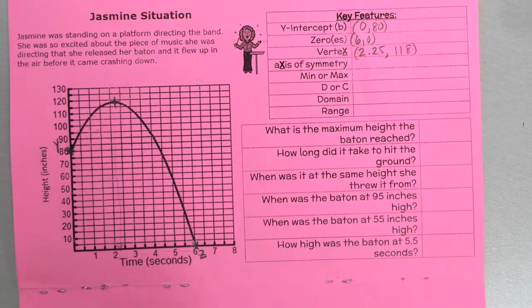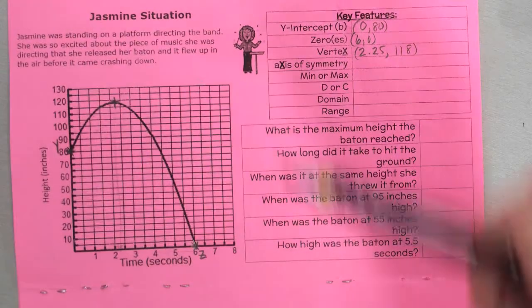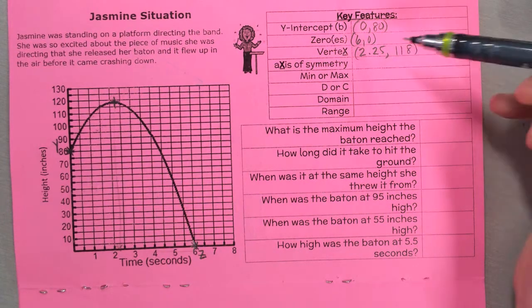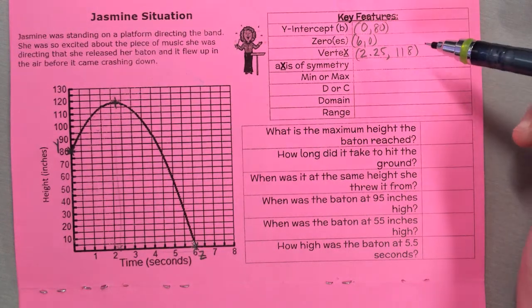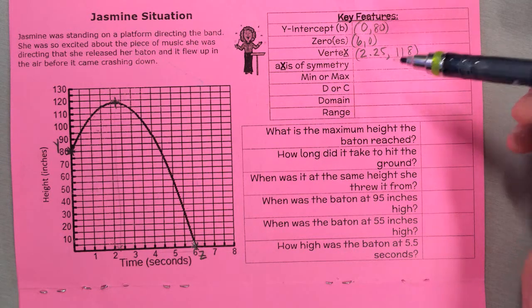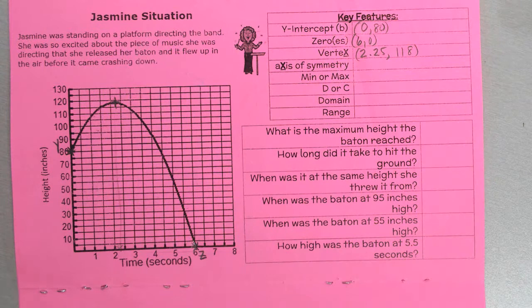So that's about the coordinates of my vertex. And again, if you thought it was 120, as long as it's really close. Now, if you thought it was like 150, that's not going to work. If you thought this was 3, that's not going to work. So it has to be a reasonable estimate.